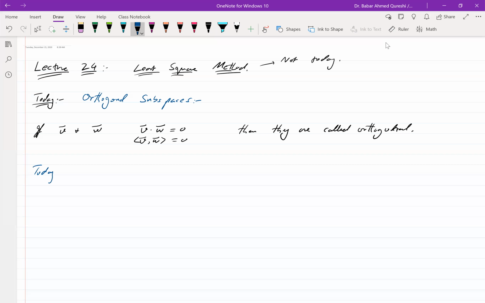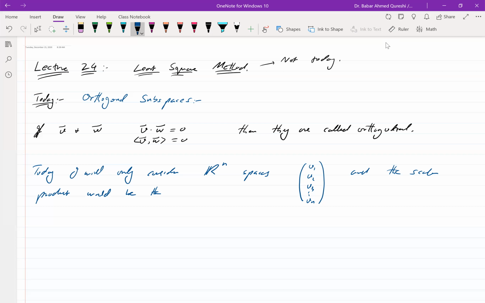So today, I will only consider the column spaces, Rn, spaces of arbitrary dimensions, consisting of column vectors, and the scalar product would be the standard one, which is that V dot W is V1 W1 plus V2 W2, just the product of corresponding components.